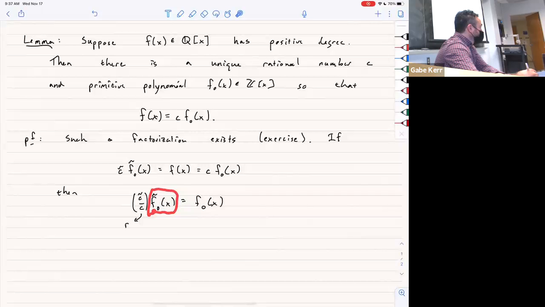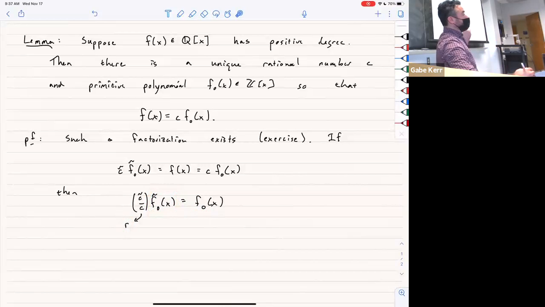Otherwise I get a fraction, and it's an integer coefficient. So that means there's some integer that divides all of the coefficients here. But this is primitive, so that doesn't happen. So the denominator of r is 1.